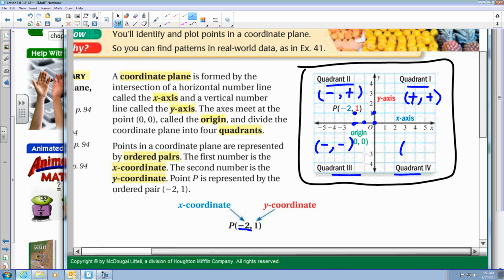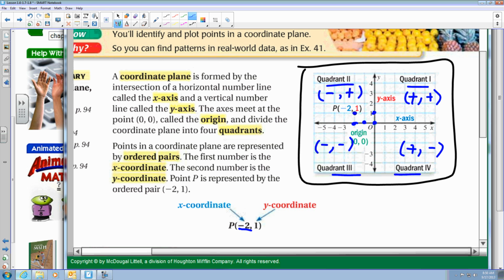And then lastly, in quadrant 4, your x value is going to be positive, and your y value is going to be negative. Now there are 2 other places that these points could be, and they could also be located on the x or y axis.